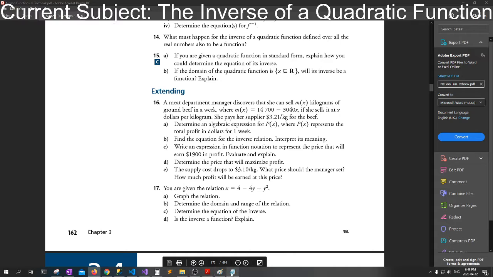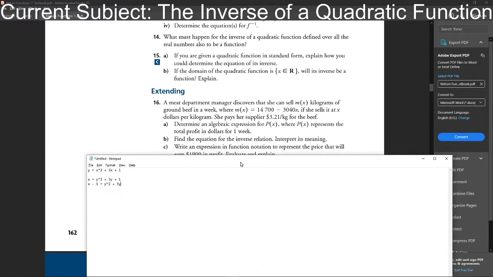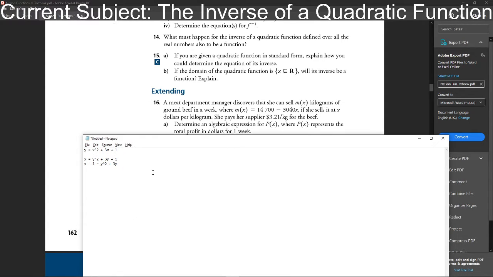Alright, so what are we doing here? So we know that mass is equal to 14,700 minus 3040x.